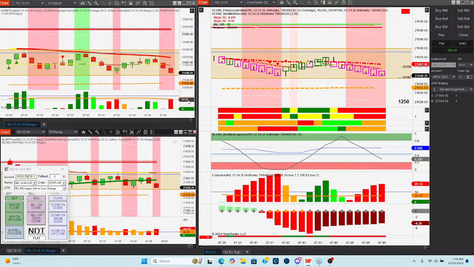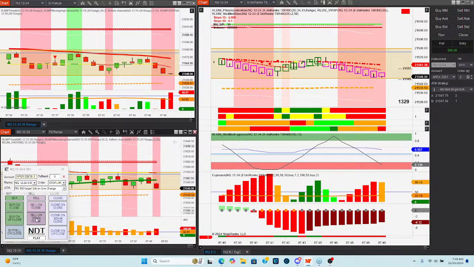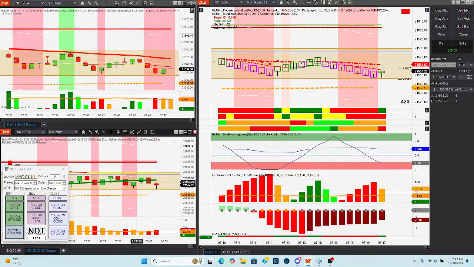Okay, this is starting to look good. Big, big, big, big brush. Now I'm just waiting for this to kind of fall into place here. Now I do have the VWAP that we're going to be going right into. This is still green.